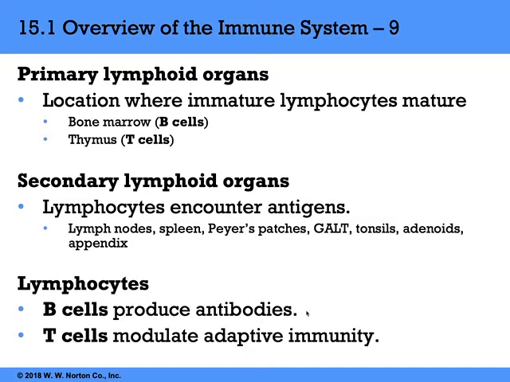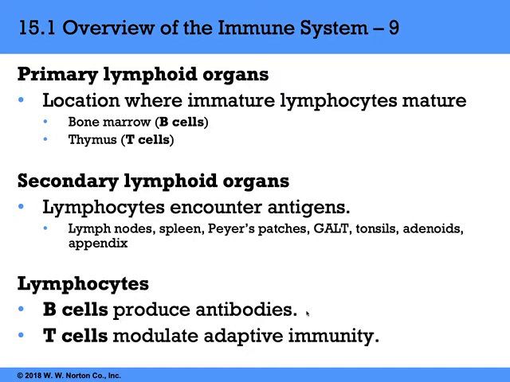Secondary lymphoid organs are the lymph nodes, the spleen, the Peyer's patches, the MALT, the tonsils, appendix. Okay, and those are areas where basically the T cells migrate to once they've been produced, and they're usually accompanied by macrophages in order to do the job of screening for pathogens effectively. And there are usually some granulocytes in there as well.